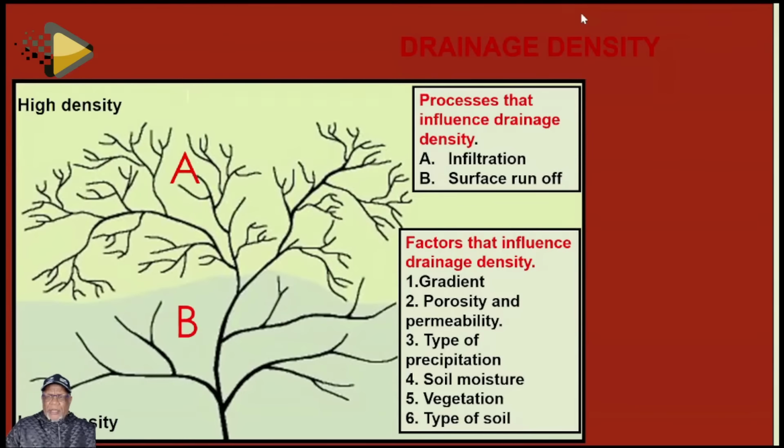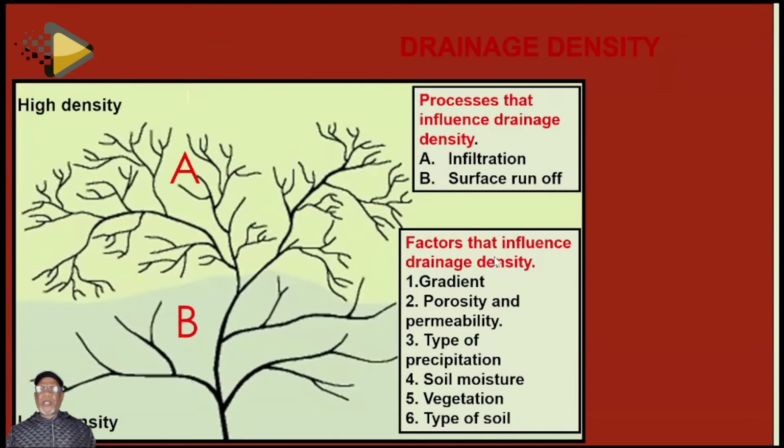Now, drainage density is influenced by two processes, infiltration and surface runoff. There are also factors that influence drainage density: gradient, porosity and permeability, type of precipitation, soil moisture, vegetation, and type of soil. Now, this is the game that I want us to play. We said drainage density is influenced by infiltration and surface runoff.